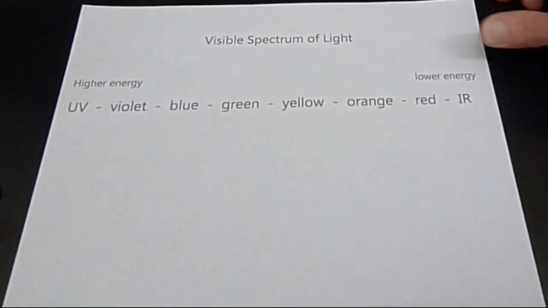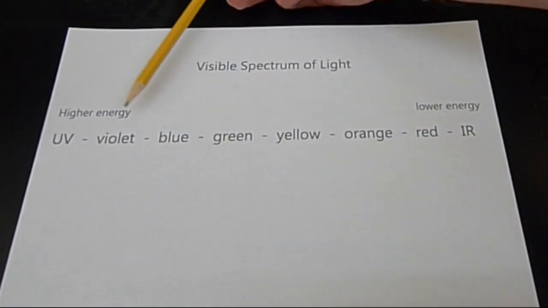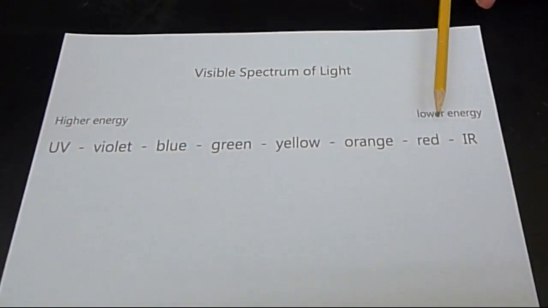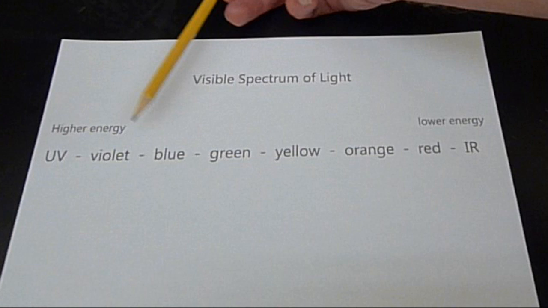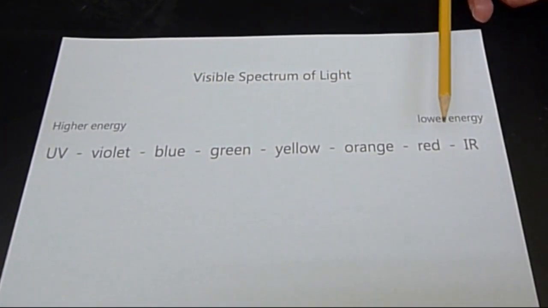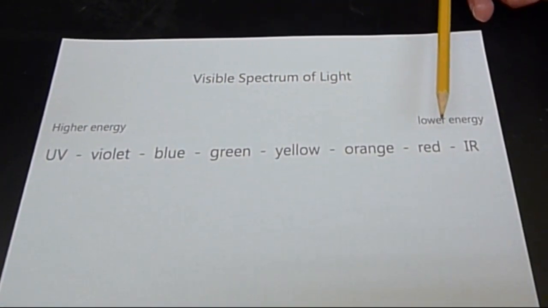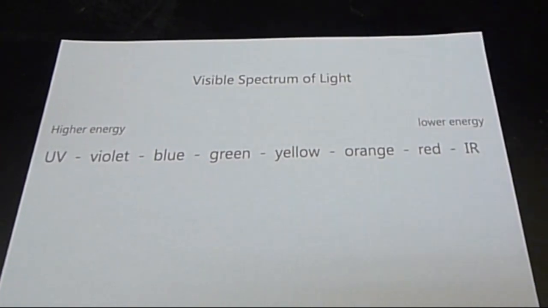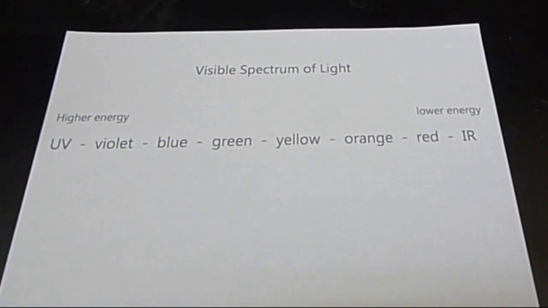But let me give you a quick demonstration of these colors. It really does occur in this particular sequence, and in white light, all of these colors are present. White light is usually the best for photosynthetic creatures because it's got all these different energies that can be absorbed.